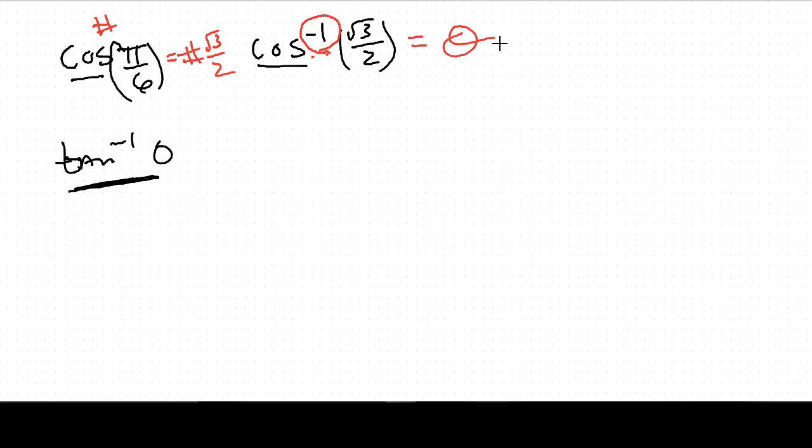So it's either going to be in radians or in degrees. So this would be either pi over 6 or 30 degrees. The inverse function is asking for an angle. The regular trig function is asking for an actual number.